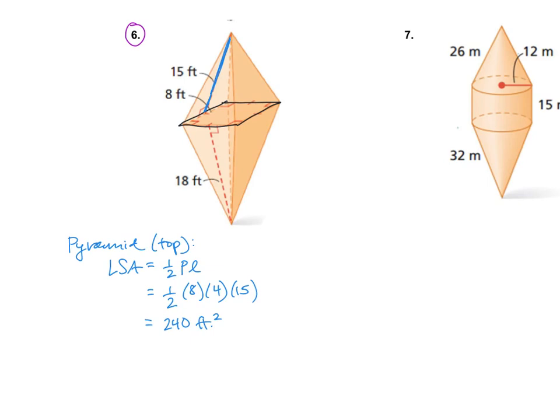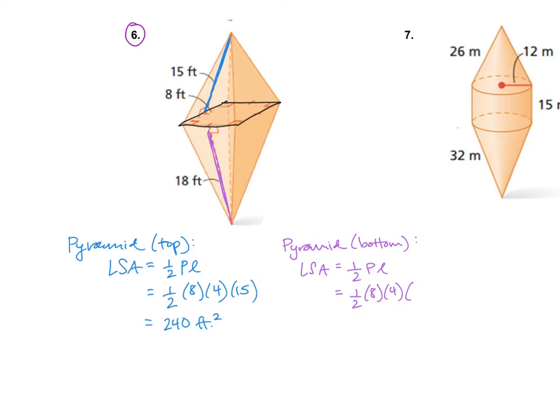Now let's go ahead, and we're still focusing on pyramids, and now we're going to do the bottom pyramid. So since we're finding the lateral surface area, again, it's the same formula, 1/2 P times L, where P, remember, is the perimeter of, again, our base, and they both share the same base. So ironically, it's going to be 1/2 times 8 times 4. But now our slant height in this case is going to be 18.